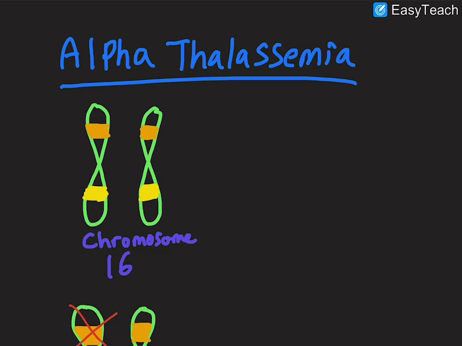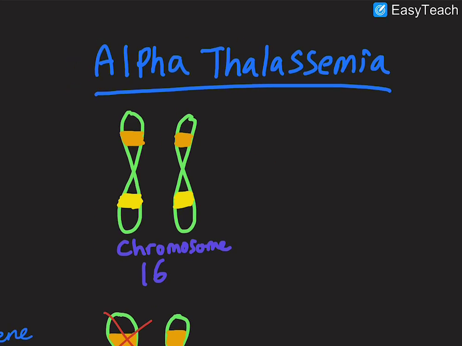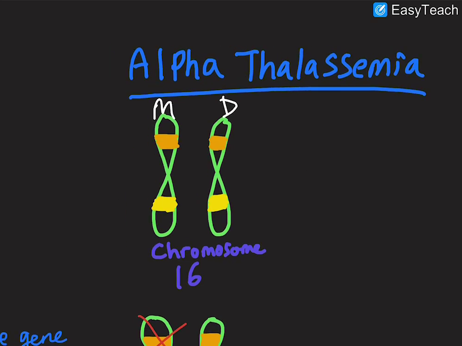In alpha thalassemia, we have four alpha globin chain genes. We're going to label this chromosome as from mom and this chromosome as from dad. Each chromosome, chromosome 16, is where you find your alpha globin chain genes.